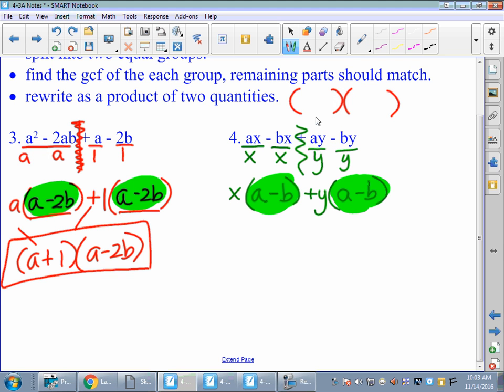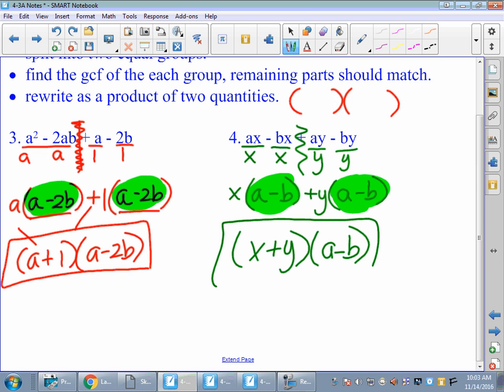So since x is multiplying a minus b and y is multiplying a minus b, I can say that x plus y is multiplying a minus b. So there's your solution. It's the same thing in factored form. Factored form means it's written as a product of its factors. I could FOIL that to check my answer, but I'm not going to do that.